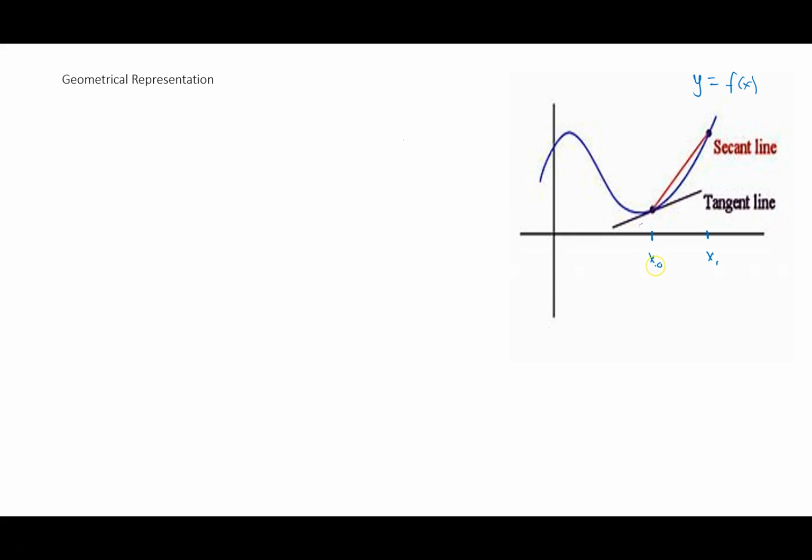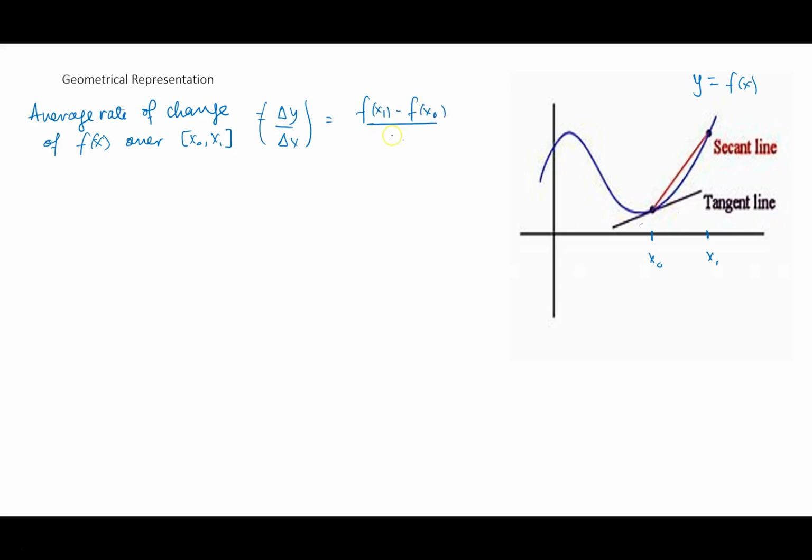The value of x is changing from x0 to x1. Then the average rate of change of the function f of x over the interval x0, x1 is equal to delta y over delta x, that's the notation, and that's f of x1 minus f of x0 divided by x1 minus x0.